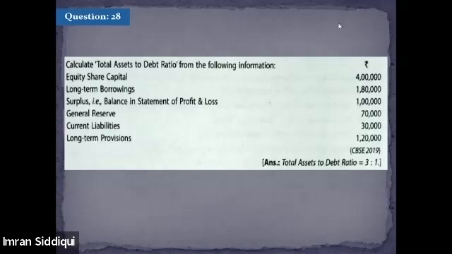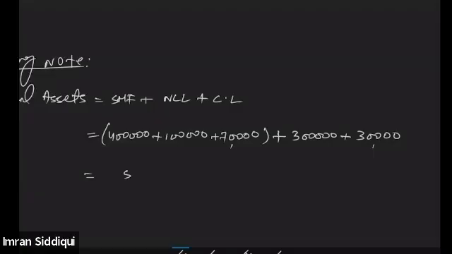All right. Now let's add this: 5,70,000 plus 3 lakhs plus 30,000. Totaling this, we will get 9 lakh, right?